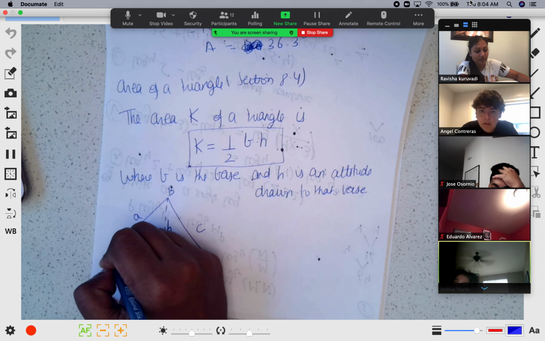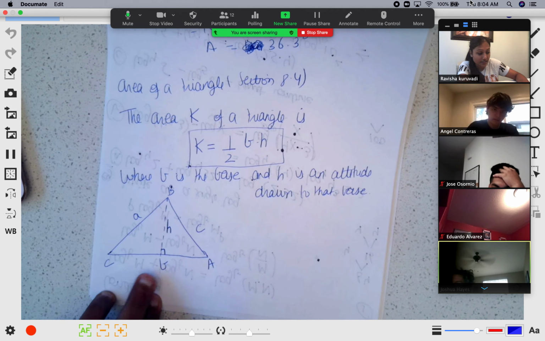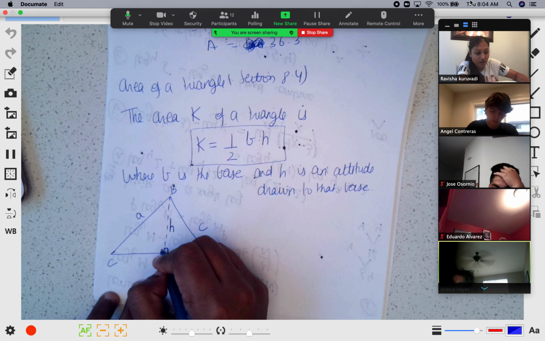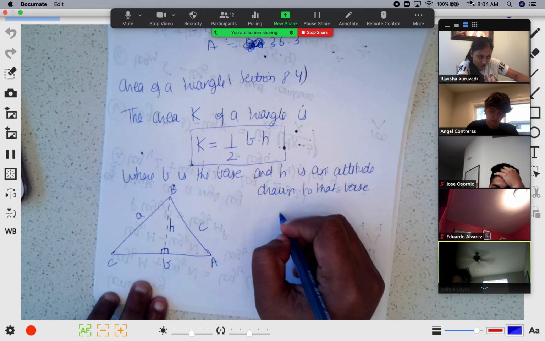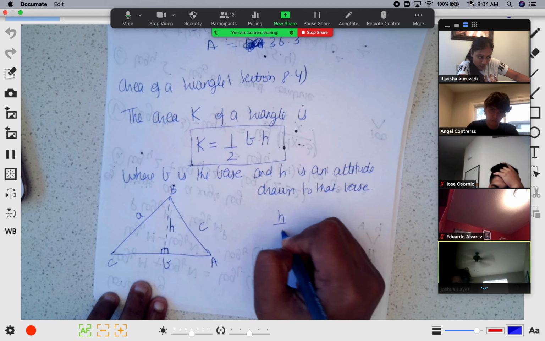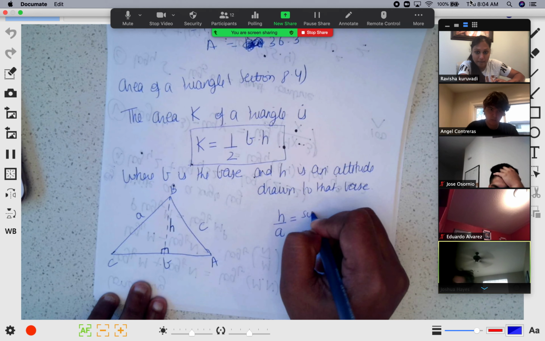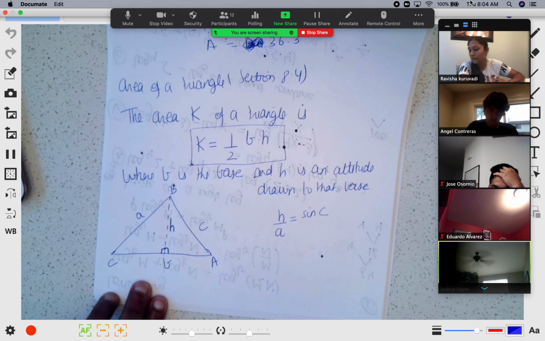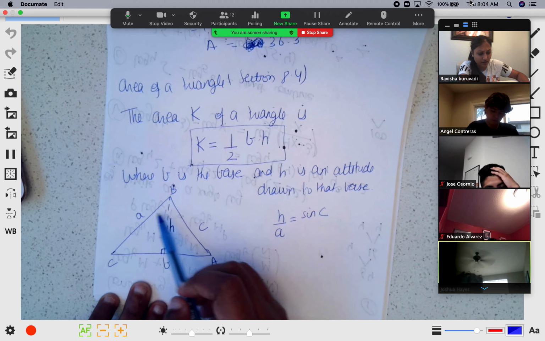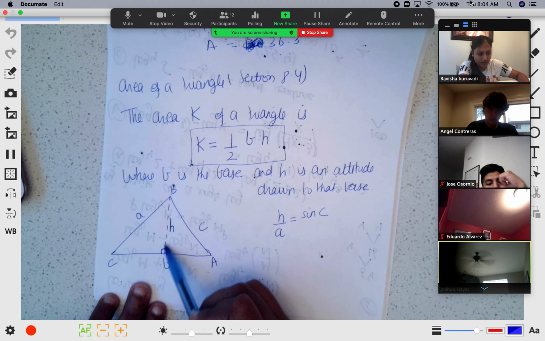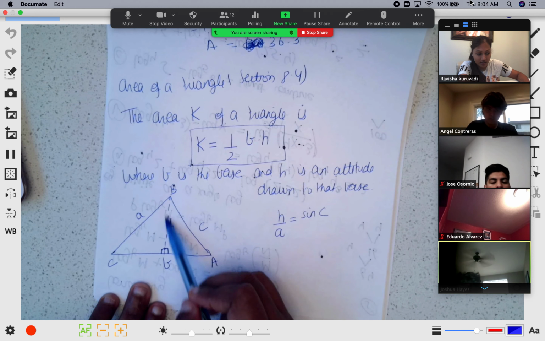Am I correct? Everyone, listen here. This is 90-degree. Can I write h over a is equal to sine c? Am I writing it correct? Just consider this triangle. What is your sine?